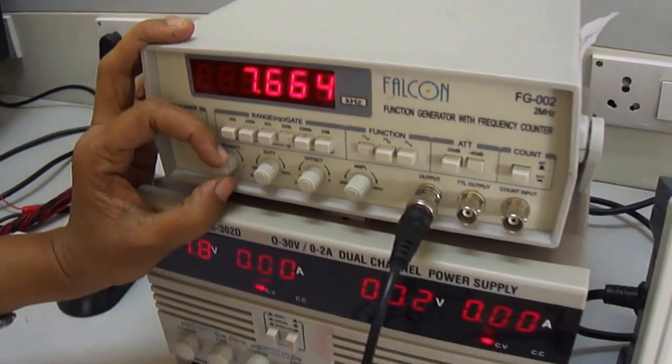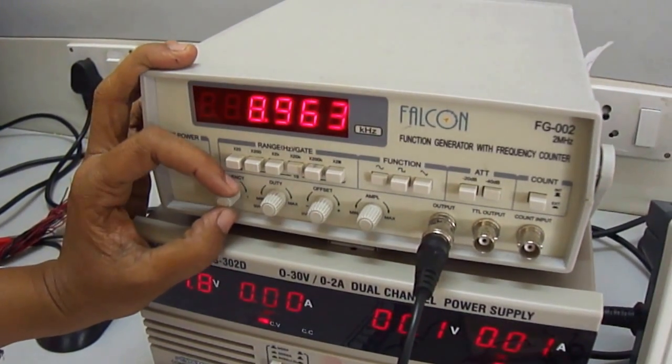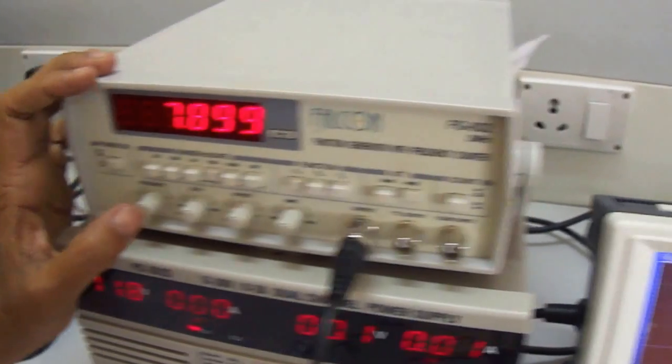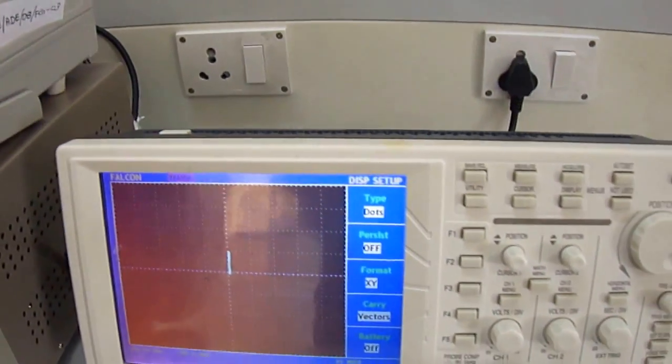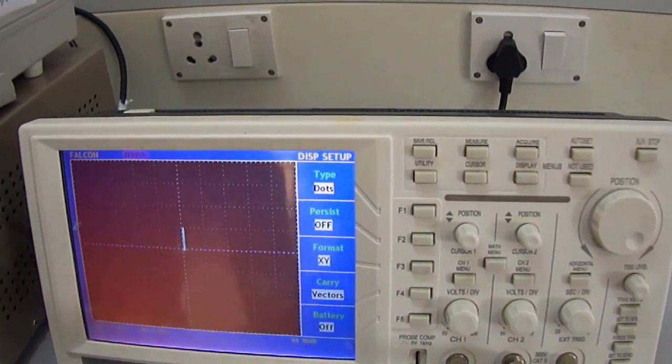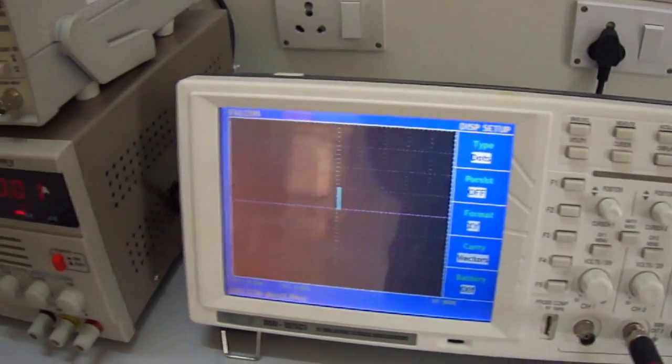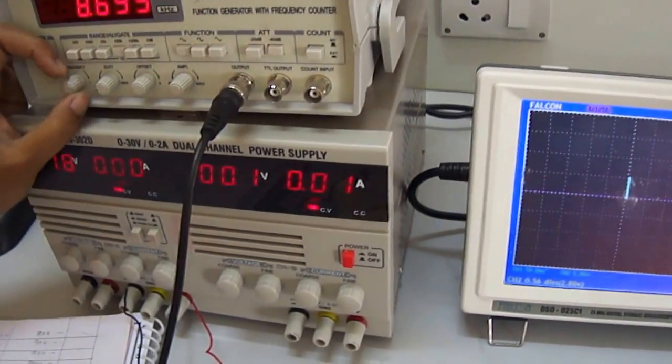Next 8K. At 8K also, the same 5 volts only. Next is 9K.